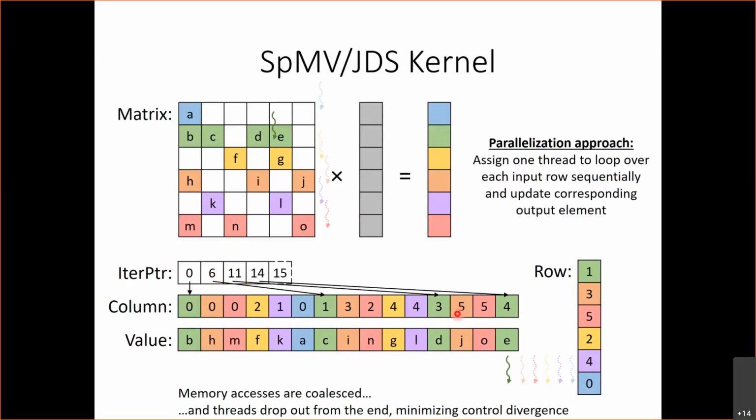Okay. Did I answer your question? Yeah, but I wanted to know, given the column, why can't we find the non-zero elements? So if I tell you to go and find me all the non-zeros in column 2, how would you do it?